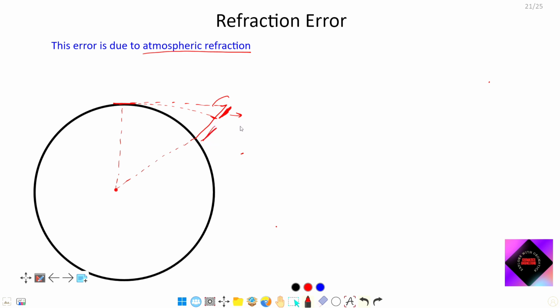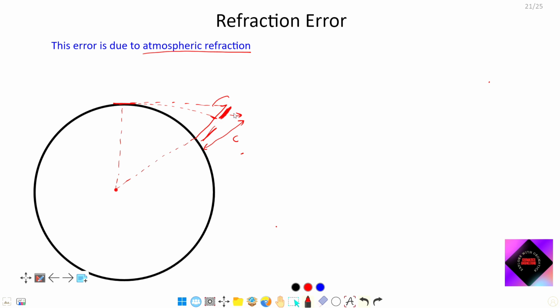If you observe a little, this refraction error is helping us in reducing the curvature error. This much amount is our curvature error, and this refraction error is reducing it by some amount.